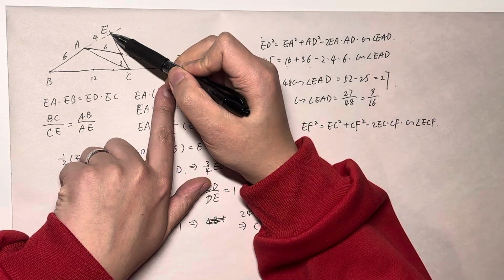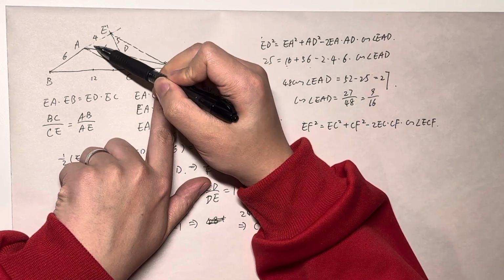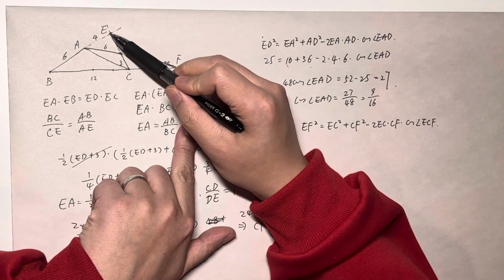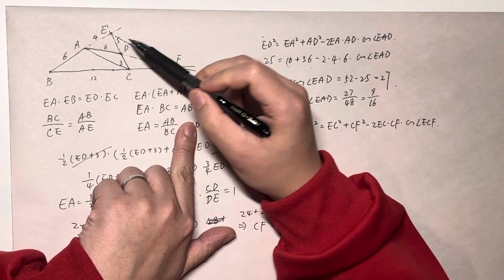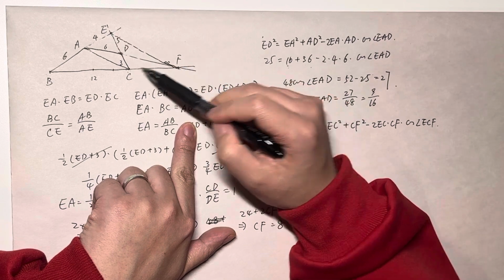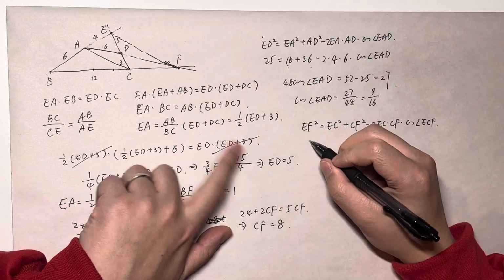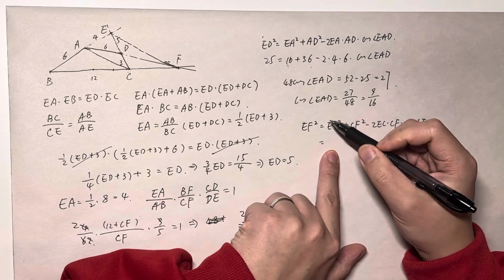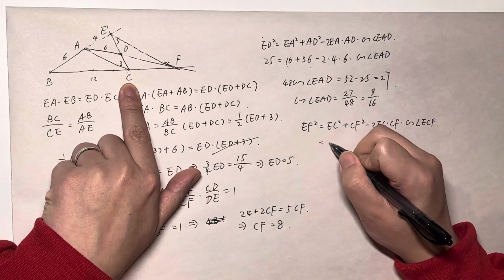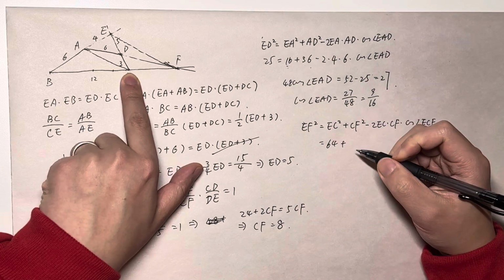Because angle EAD equals angle DCB, cosine angle EAD equals minus cosine angle ECF. That's a key point. So EC is 3 plus 5, that's 8, squared is 64, plus CF squared.